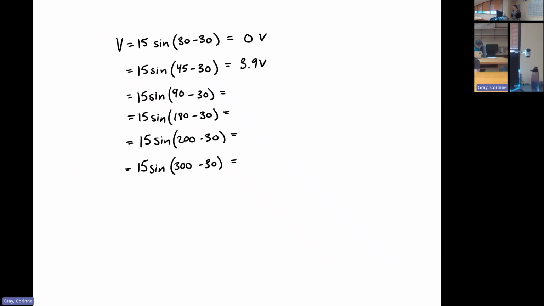All right, so when I have 90 degrees, for 2 sig figs, what should my voltage be? 13. 180? 7.5. 200? And 300?